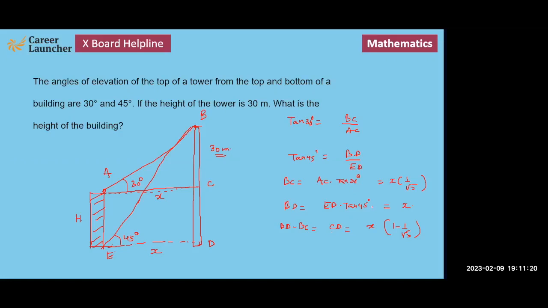And what is the value of X? X has to be equal to ED. ED is X. So BD must be equal to ED. And we know the value of X is 80. So CD must be equal to 80 into root 3 minus 1 by root 3. Right? It's a straightforward question.